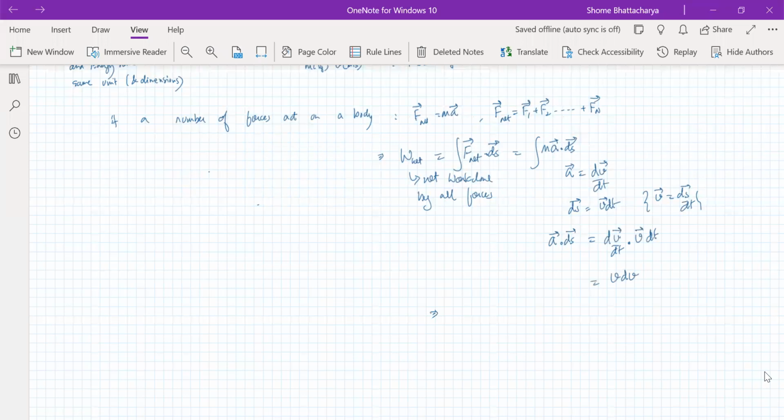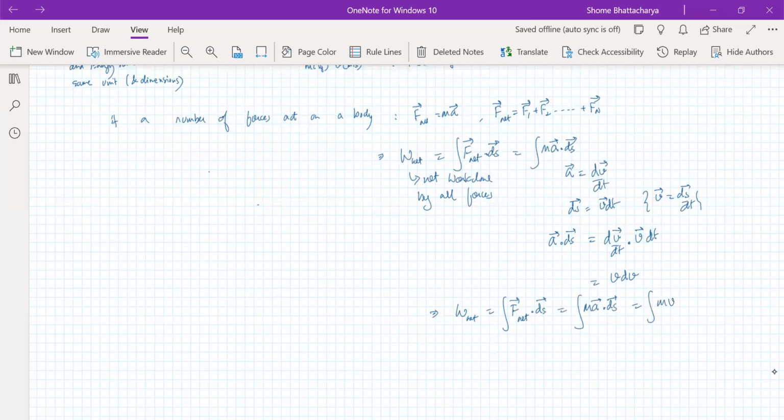So the net work done, with this integration, becomes integral of ma dot ds, which further becomes integral of mv dv.